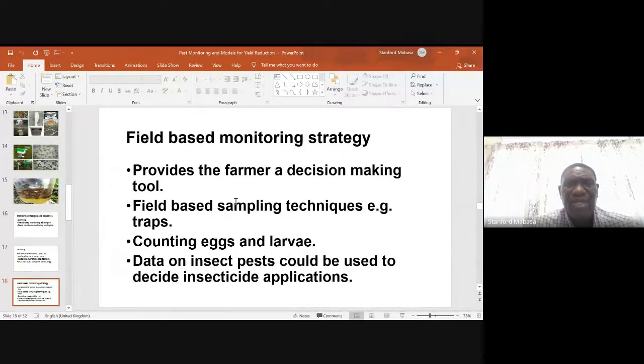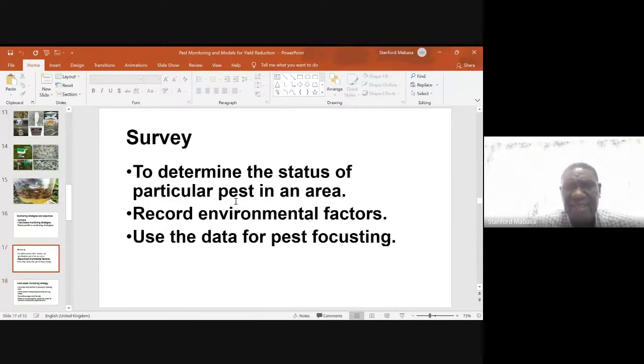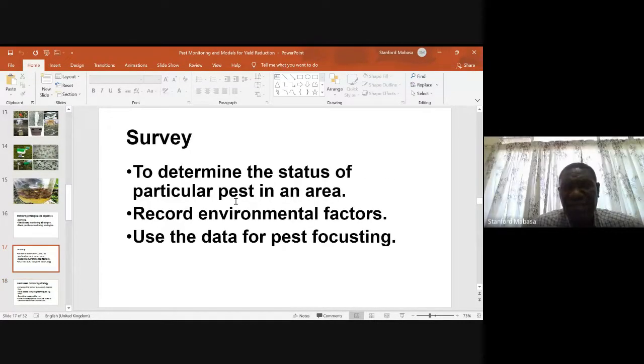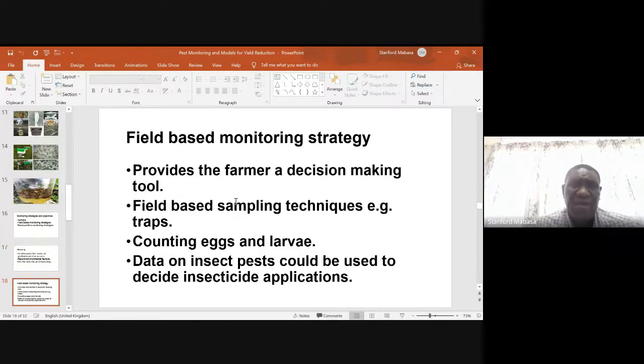Now, there's what we call field-based. Probably the survey is targeted on a bigger area, but there's a field-based monitoring strategy where you target particular fields or certain fields of interest.